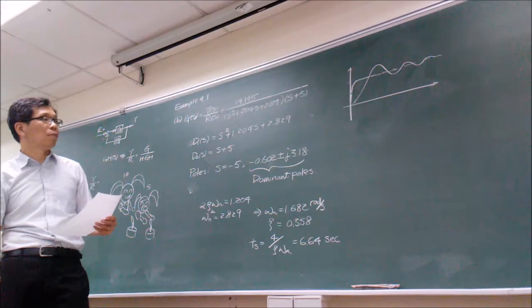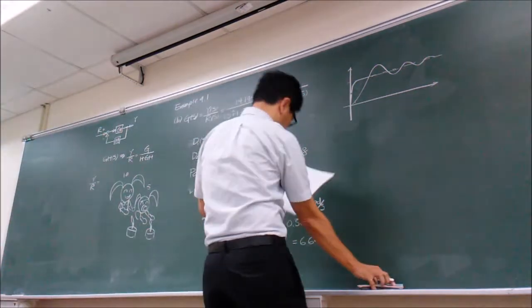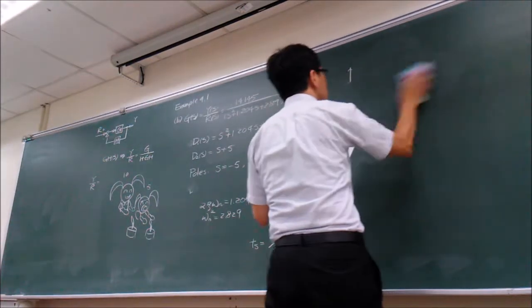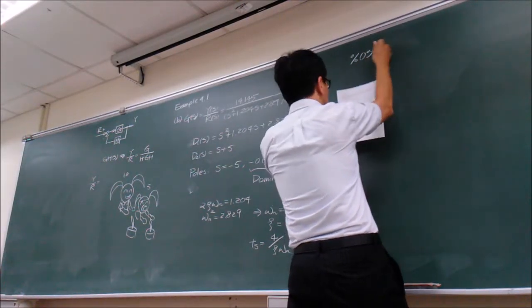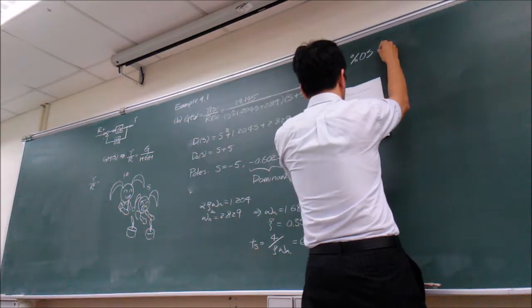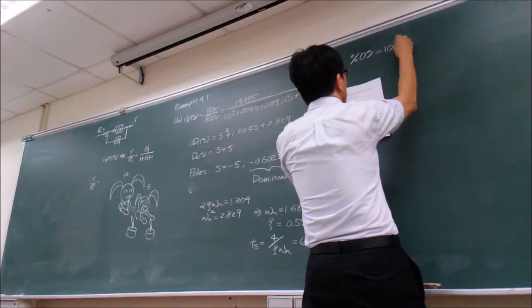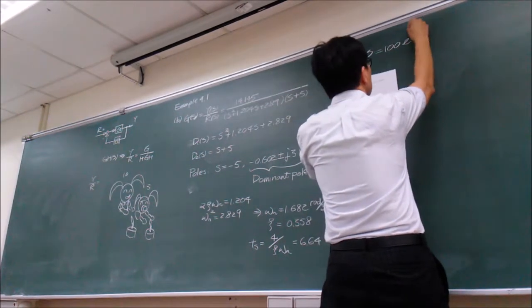The other thing we need to worry about is overshoot. Then we're going to use our formula. That is going to be 100 exponential.